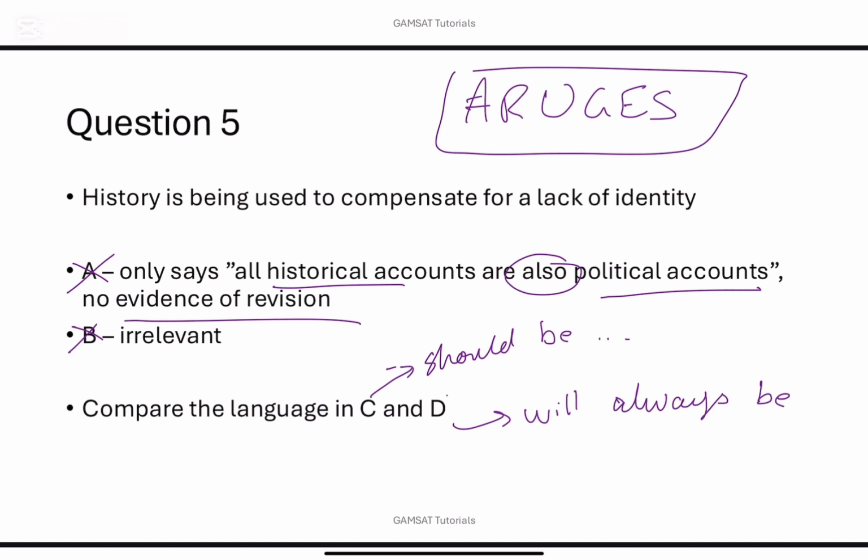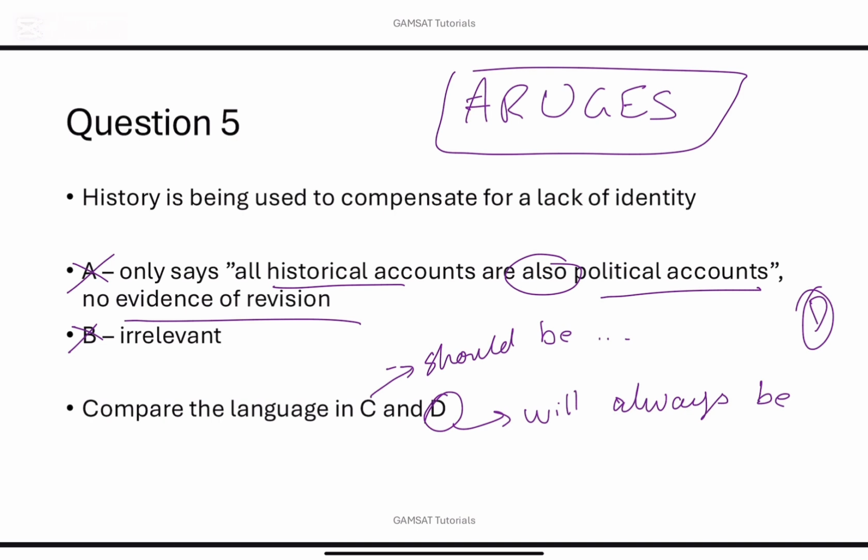Well, hopefully you can see that D is an argument. C is not an argument, it is a suggestion. So therefore, the answer is D, because that is the only thing that's being argued. And if we read the rest of D, will always be conditioned by the values and perspective of viewer. That is correct.